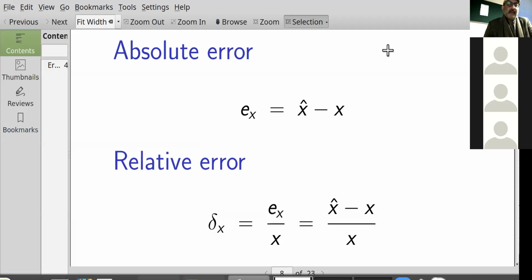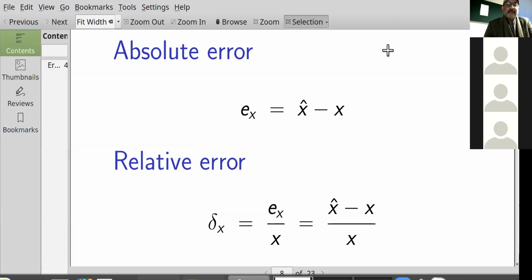Quite often, that's not so important. What's important is the relative error. Delta x is the relative error associated with x, and that's the absolute error divided by x. So the relative error is x hat minus x divided by the actual value x.